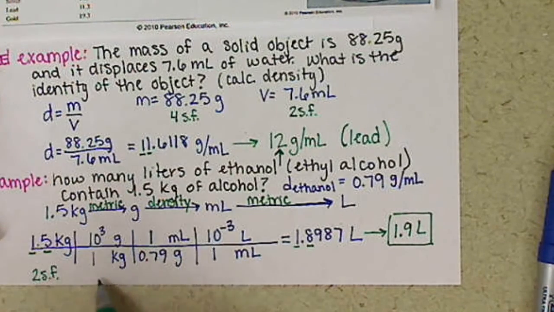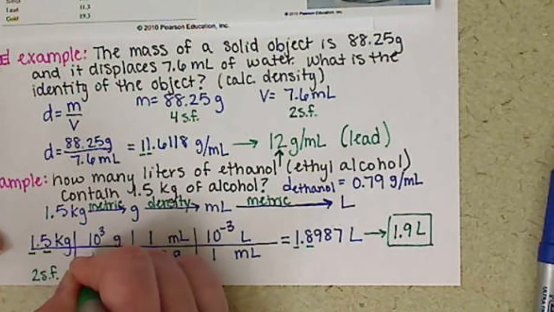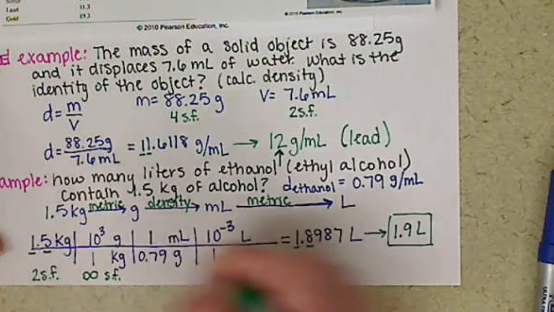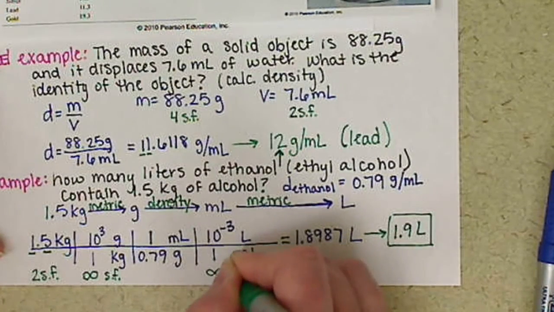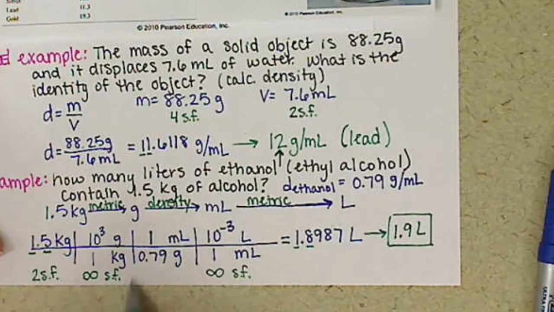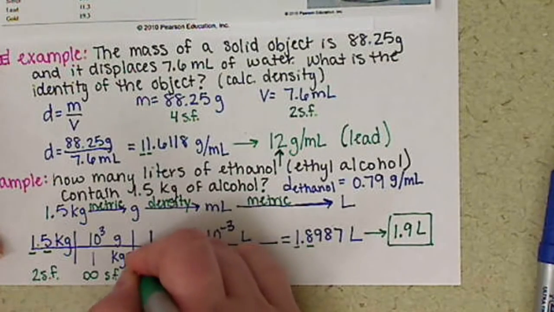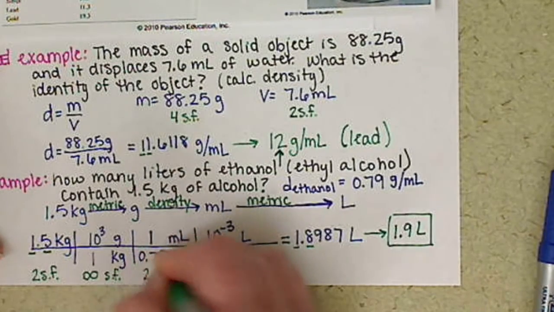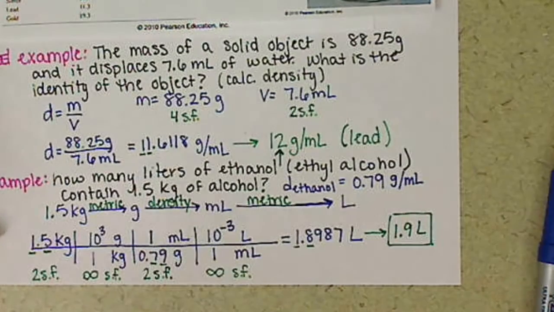But just in case you run across it, our two metric conversions have infinite sig figs, because they are exact, they are ratios. Density technically is a measured value, so this actually has two sig figs to it, the 7 and the 9.